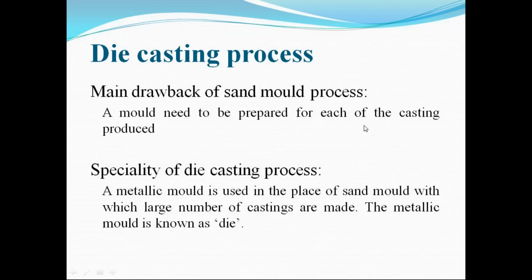In the die casting process, the specialty is that a metallic mold is used in place of the sand mold, with which a large number of castings are made. The metallic mold is known as the die. We can use the same mold repetitively for a number of products.